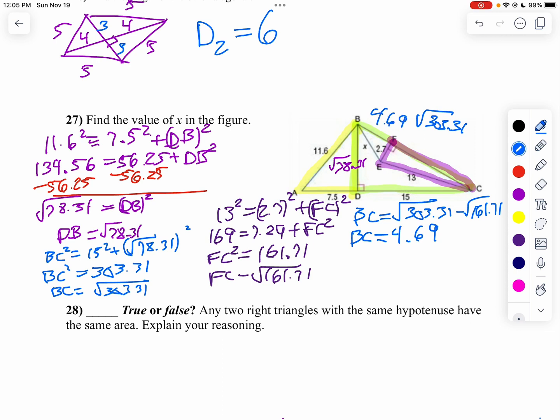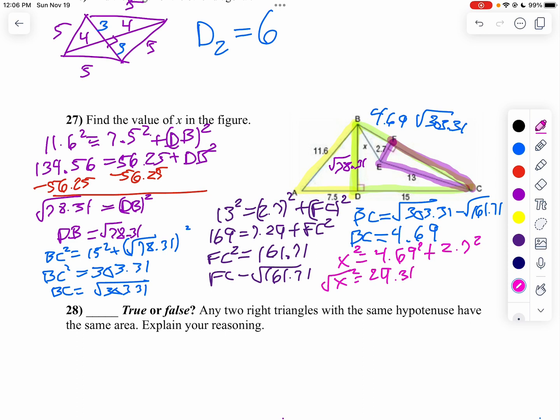Now finally, notice X is going to be our hypotenuse, so X squared equals 4.69 squared plus 2.7 squared. So if I square 4.69 and I add 2.7 squared, I'll get about 29.31.